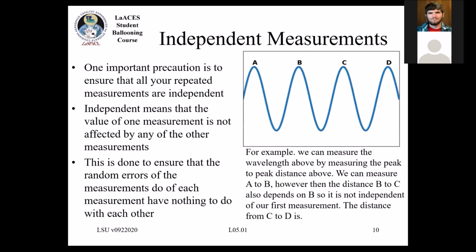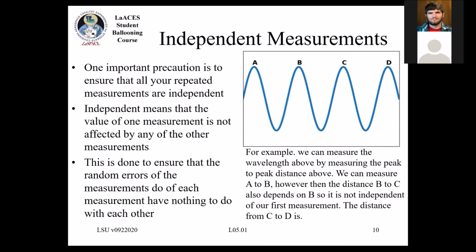Another important thing is to ensure that each one of the measurements that you're trying to use together are independent. What we mean when we say an independent measurement is that the measurement does not affect or is not affected by any of the other measurements you're comparing it to.